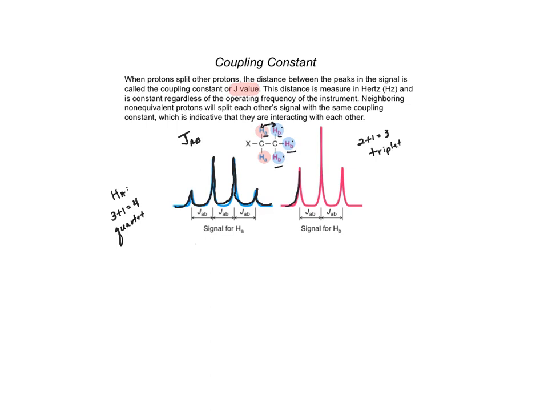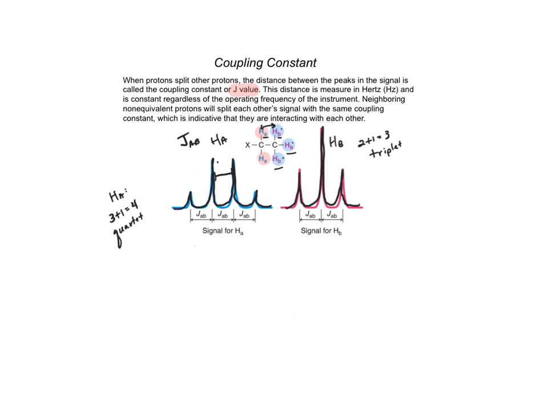Okay, now where does this whole J value or this coupling constant come in? So this is our HA signal, this is our HB signal, right? So this J value is the actual measure of how far apart these peaks are. So this JAB, or this coupling constant, is going to define the distance between the peaks in the overall split pattern, so it's going to be the same for all of the splitting for each signal, okay?